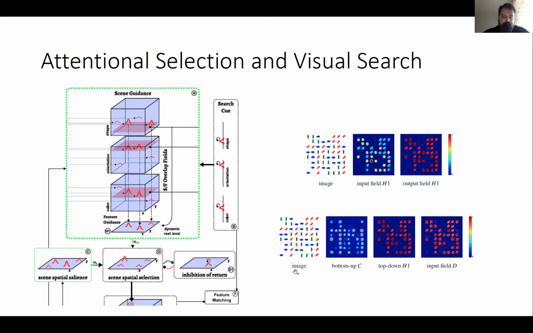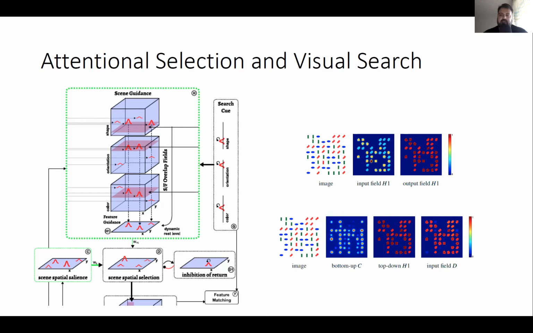Now we will explain why it's also important that objects that share less than n-1 features have an impact, but it has to be a very small impact. If you have a sample image, you see here the combined bottom-up output and the top-down output. The 2 nonlinear maps we have, the guidance maps, are combined as an input to the scene space selection field. And here you can see that there are objects with one feature that are more salient than others because they have a higher bottom-up saliency.